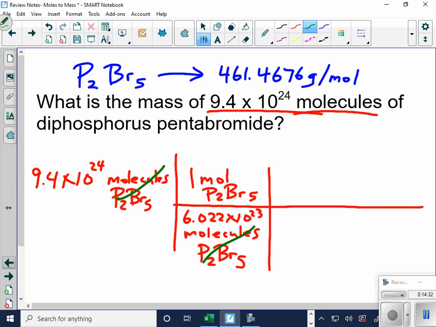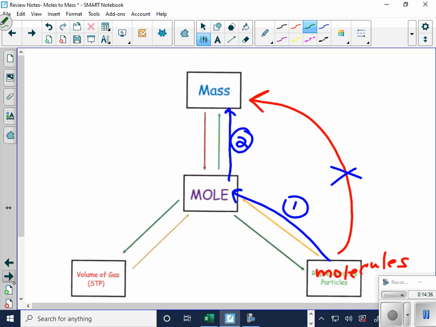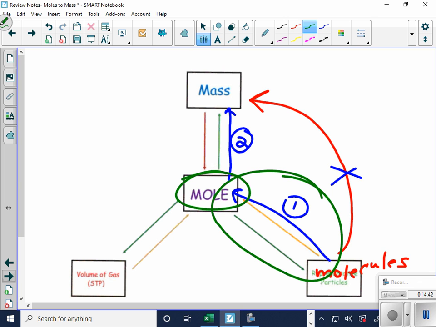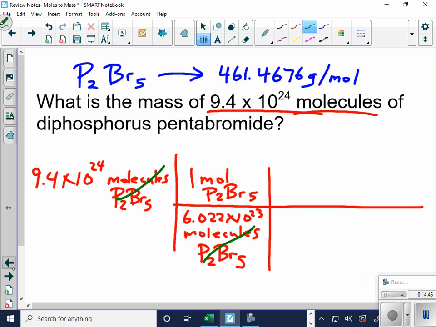So now, looking back at that flux capacitor, I just did step 1. So I'm right here at moles. Now, step 2 is to go to mass. So I say, all right, I have moles on top here, so I want moles to cancel.